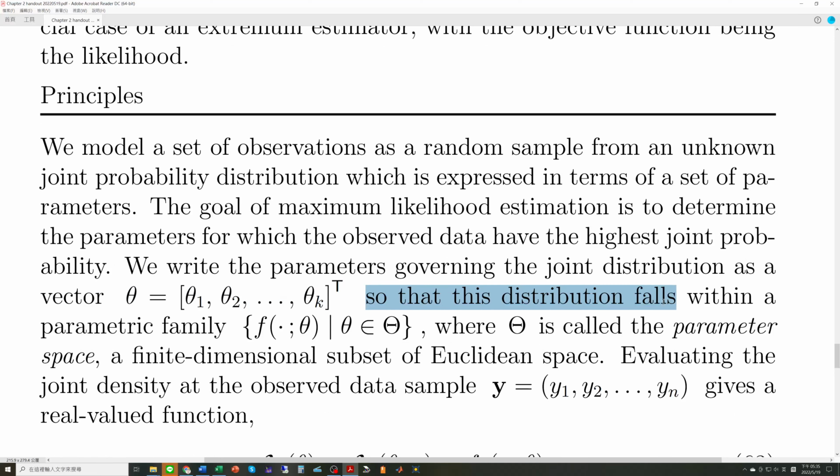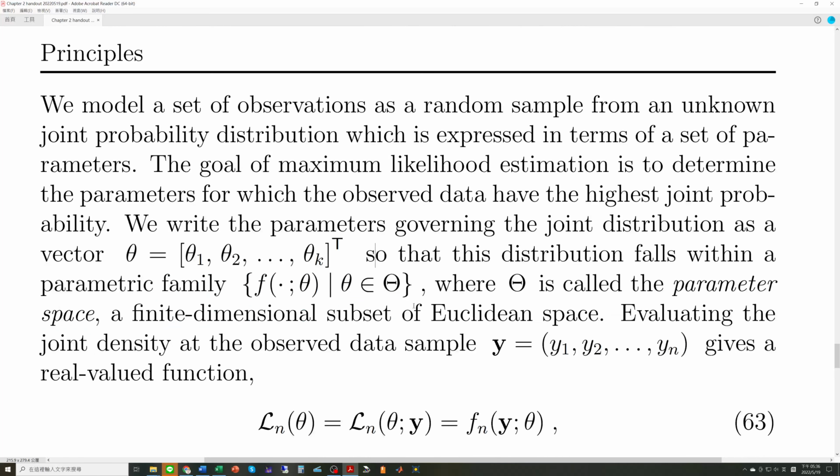so that this distribution falls within a parametric family, f of dot theta given theta is in capital theta, where capital theta is called the parameter space, a finite dimensional subset of Euclidean space.